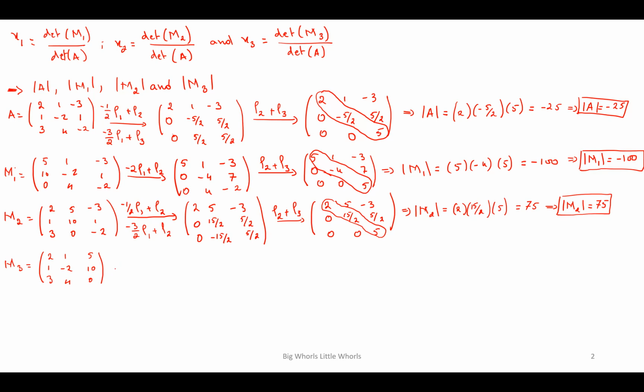And doing Gauss's method, minus half row 1 plus row 2 will give us 0, minus 5 over 2, 15 over 2, and minus 3 over 2 row 1 plus row 3 is equal to 0, 5 over 2, minus 15 over 2.